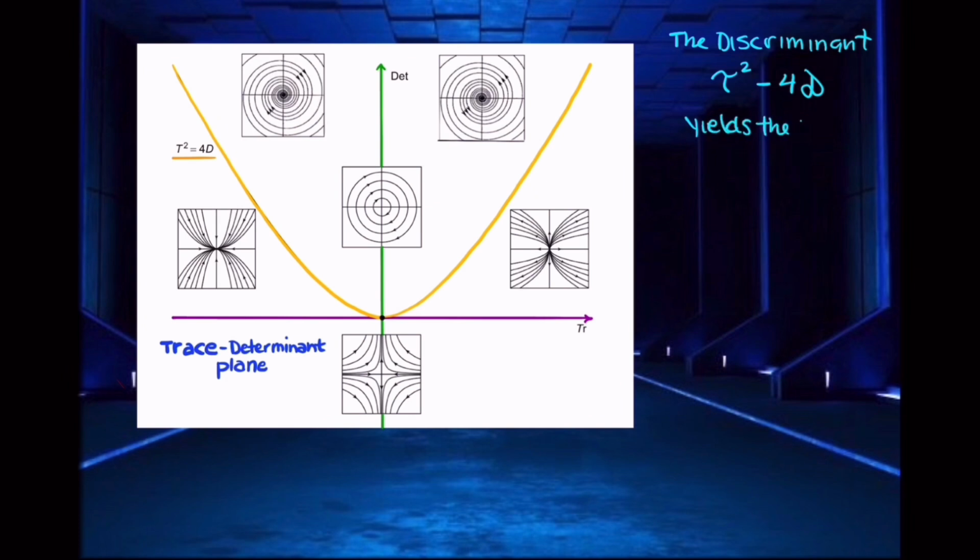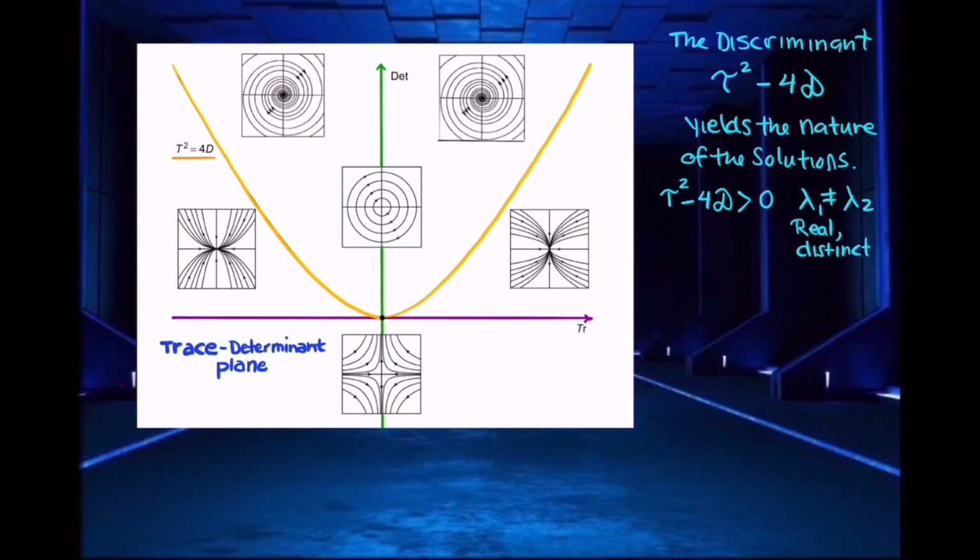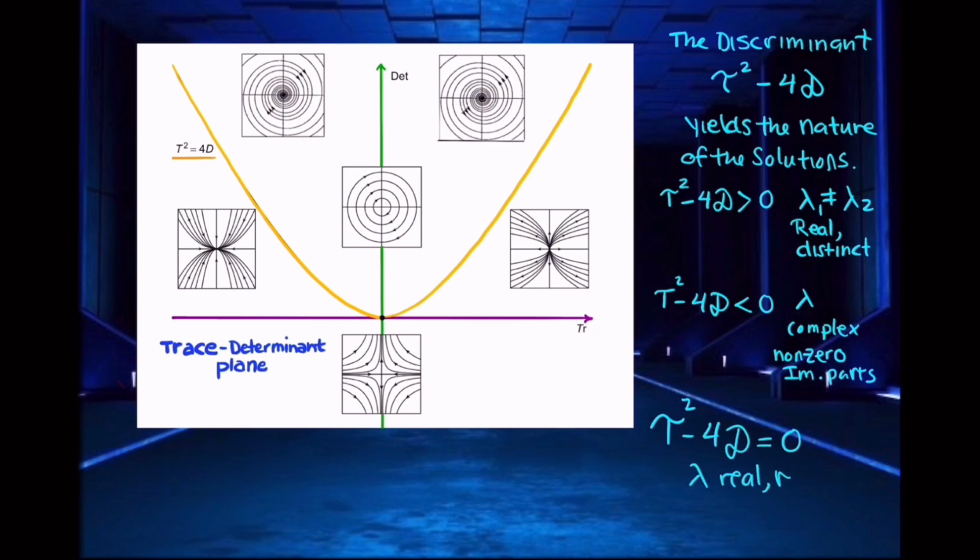And you can see that the discriminant, t squared minus 4d, yields the nature of the solutions. T squared equals 4d is this parabola that separates the regions along the plane for the determinant and trace, and here the different eigenvalues will determine the different discriminants, t squared minus 4d, in the quadratic formula, which determines the solutions in this plane.